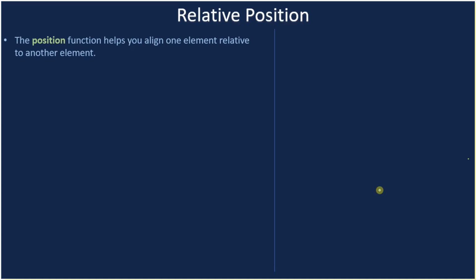The position function helps you align one element relative to another element, right? So the function here is position, which comes from the jQuery UI API.